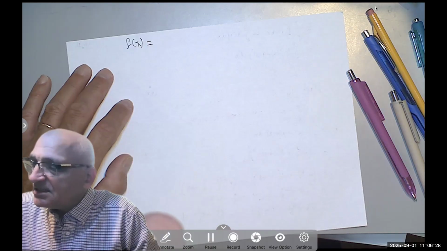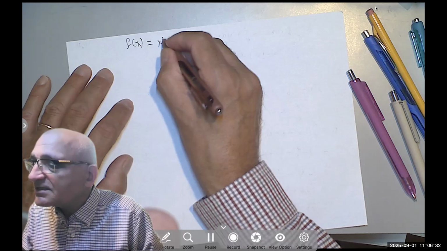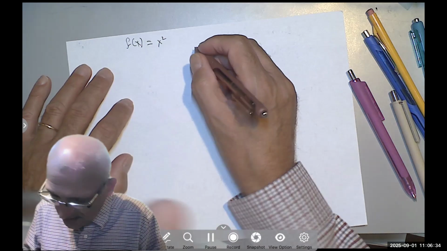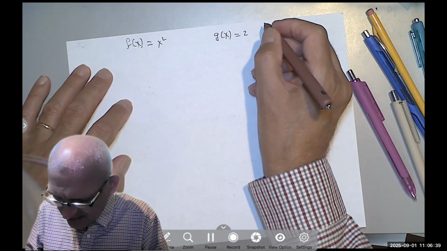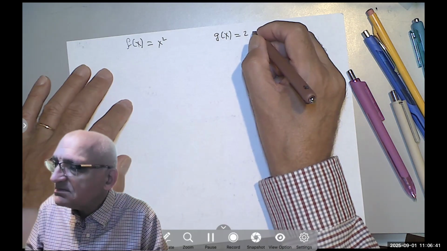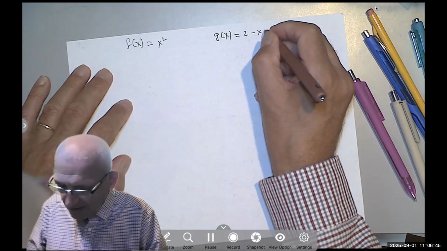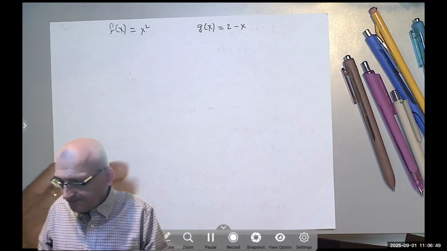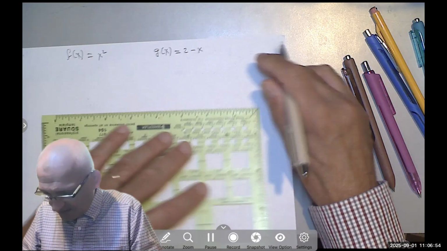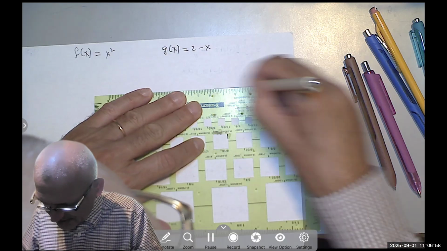Find the area of the region. f of x equals x squared and g of x equals 2 minus x. It's similar to what we did, but there is a point here that I wanted to make. Maybe this problem will take a little longer, but it's important that you understand it.